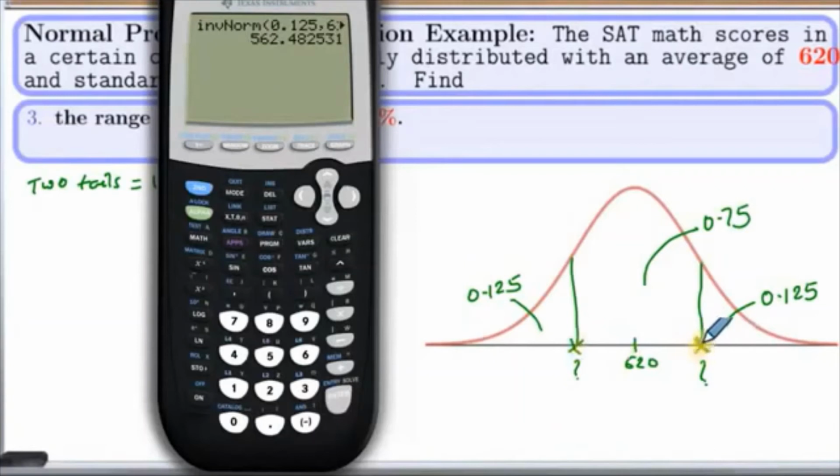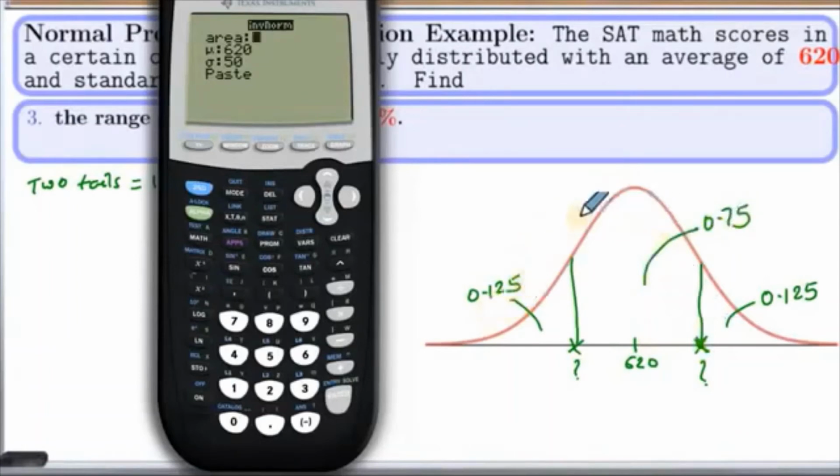Now let's try to find this point here. For that we'll use the same concept. Hit second distribution, use inverse norm, select that, hit enter. Let me clear what I already have here. So here we will need area, mean, and standard deviation again, and this takes area to the left. If we are talking about this point here, then the area to the left from this point is 0.75 plus 0.125.